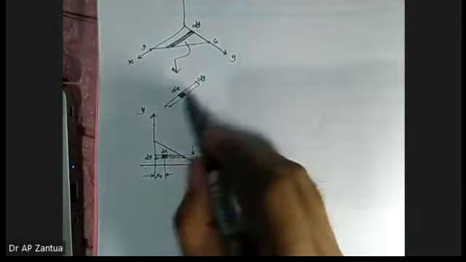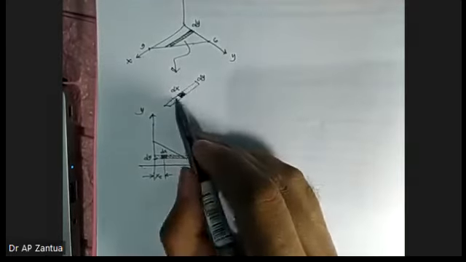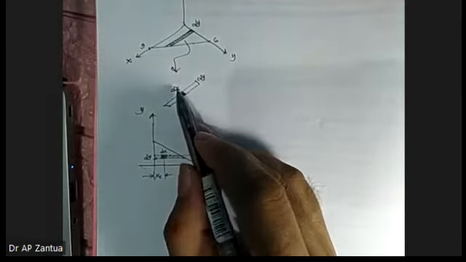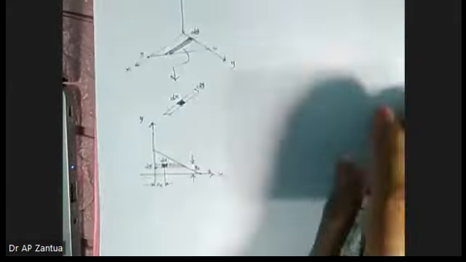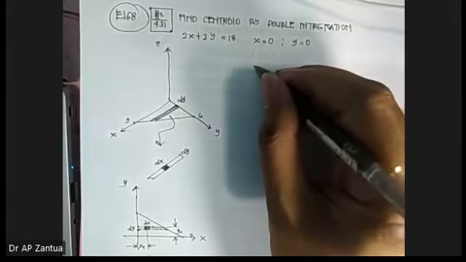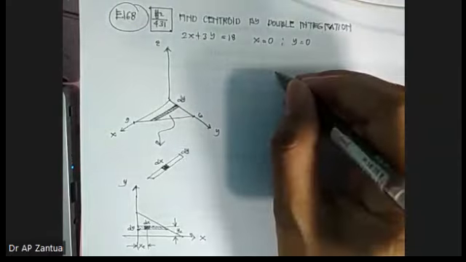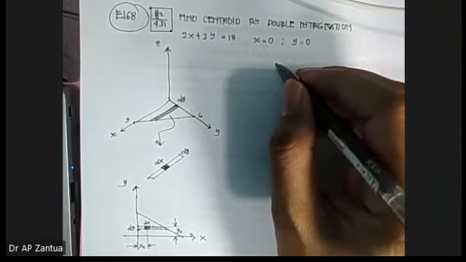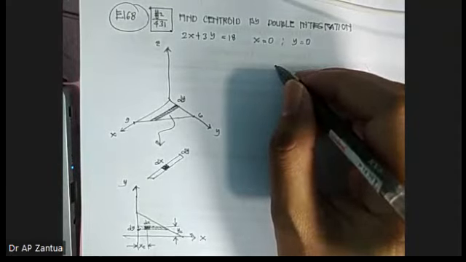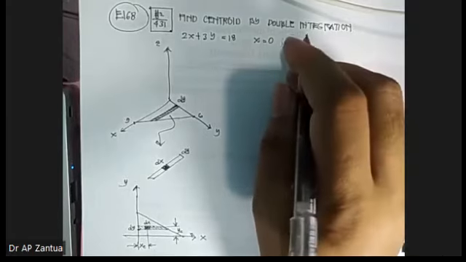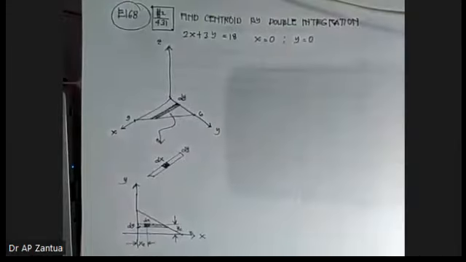So dy is the strip, and inside of it we have dx.